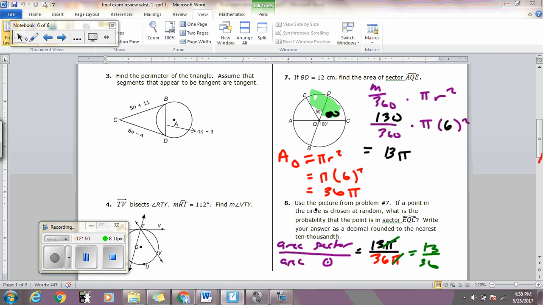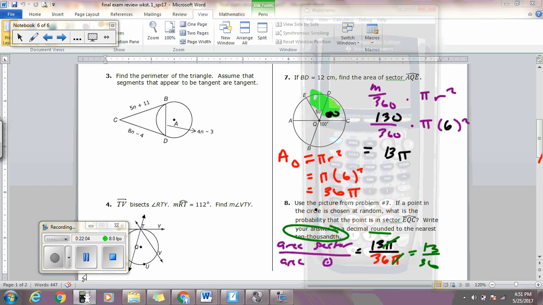However, they want us to write our answer rounded to the nearest 10,000ths. So let's see how this looks in our calculator, so you all will understand how to round properly.